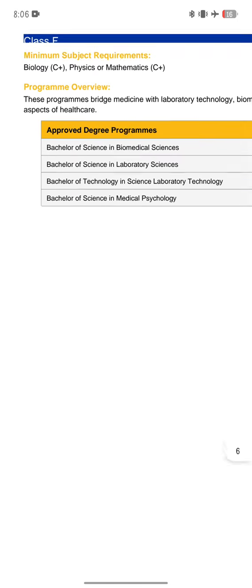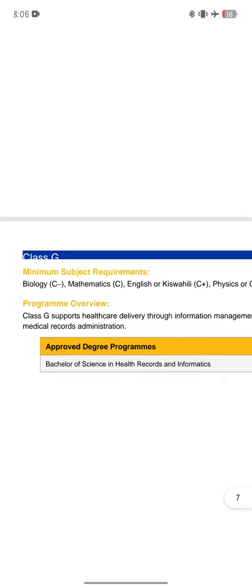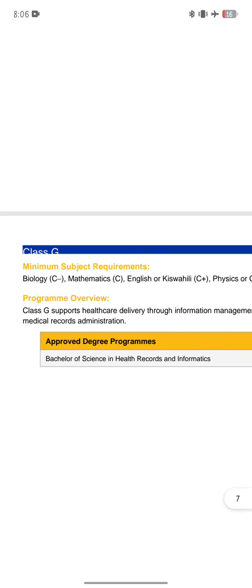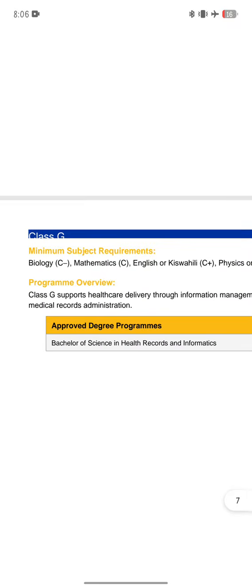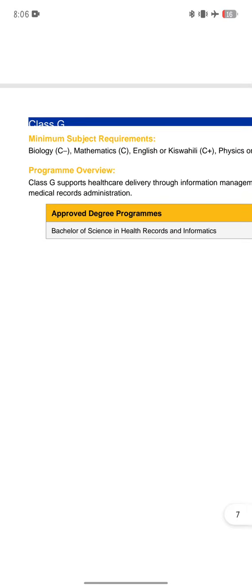Then we have the last class, which is class G. The subject requirements for class G are biology C minus, mathematics C, English or Kiswahili C plus, physics or chemistry to have C plain. And we have only Bachelor of Science in Health Records and Informatics.